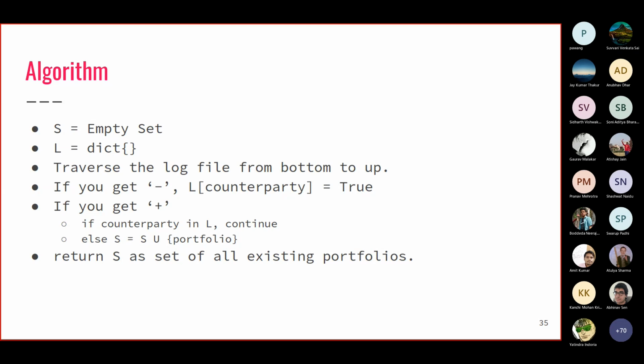Similarly, if you see this previously, I am using a dictionary operation, right? So how is the dictionary operation maintained? Here I am setting the value to true at that particular counterparty. But if I have to maintain it using an array, then I have to maintain a huge array.